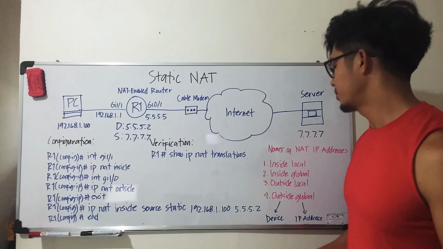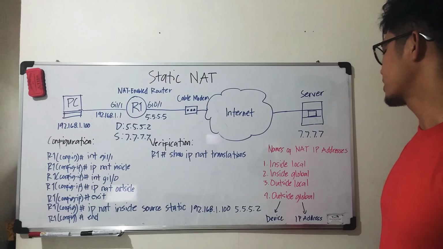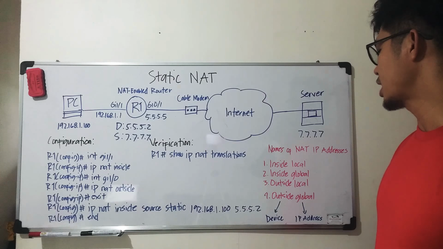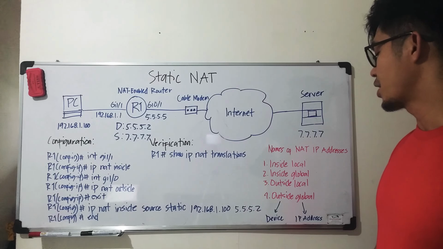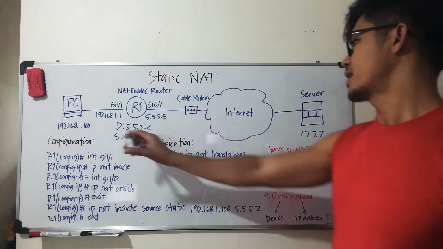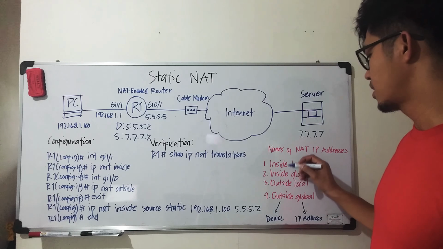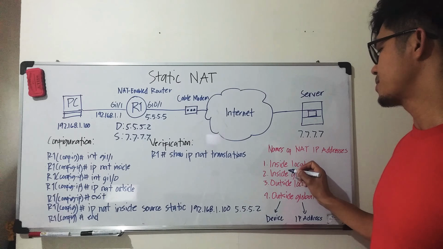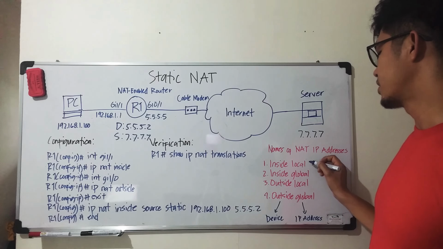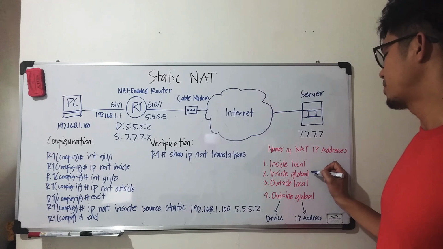And by the way, we've got names of NAT IP addresses. So inside, we've got 4 names of NAT IP addresses. And number 1 is inside local. This is basically this IP address here, because inside, this is basically where the IP address is configured, and local or global, local meaning private IP, global is public IP.